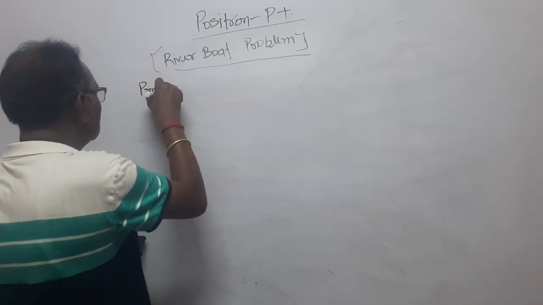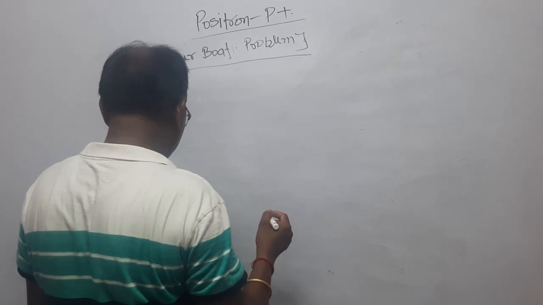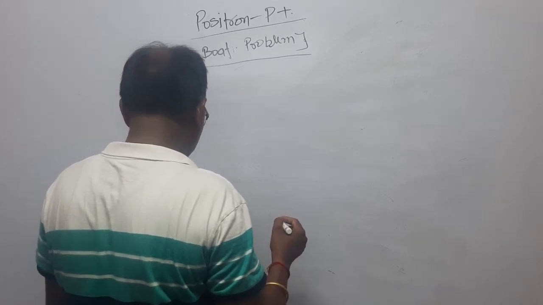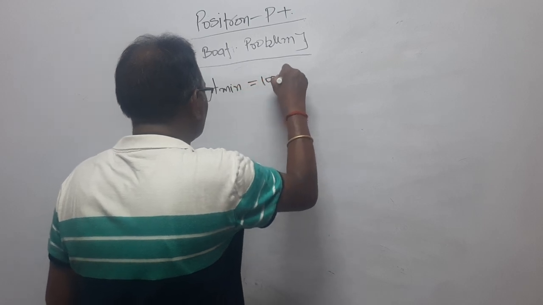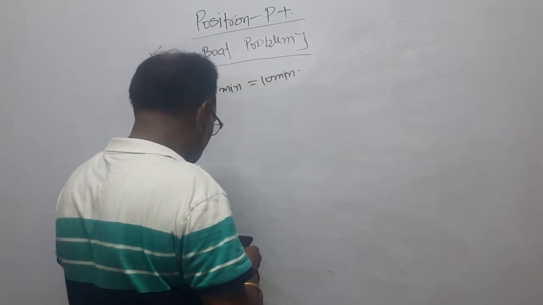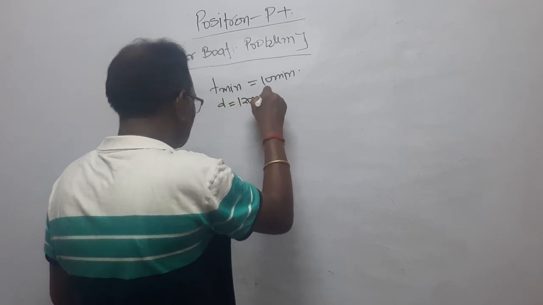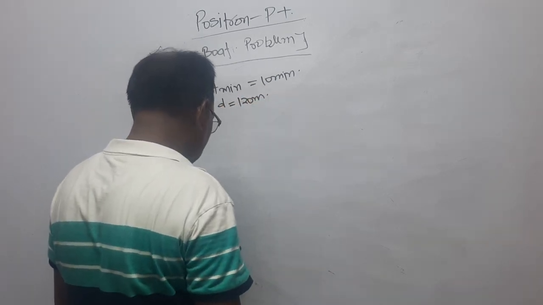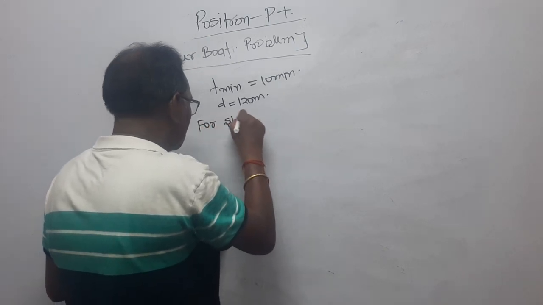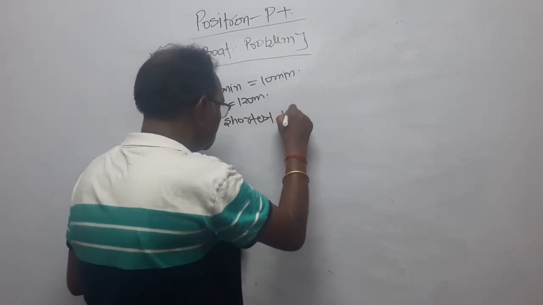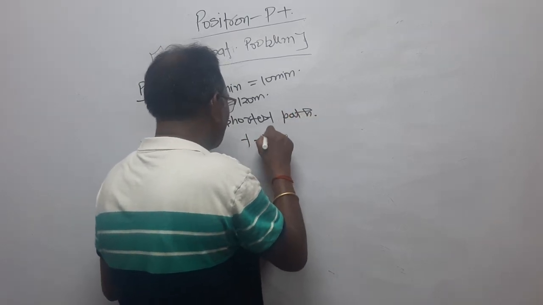This problem is: a man crosses the river in a boat. He crosses the river in minimum time, takes 10 minutes, and drift is 120 meter. He crosses the river taking the shortest path, I'm writing in short, he takes 12.5 minutes.